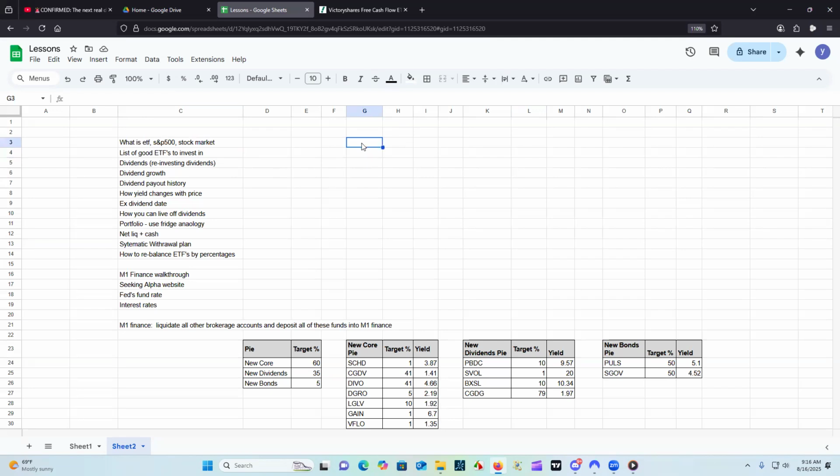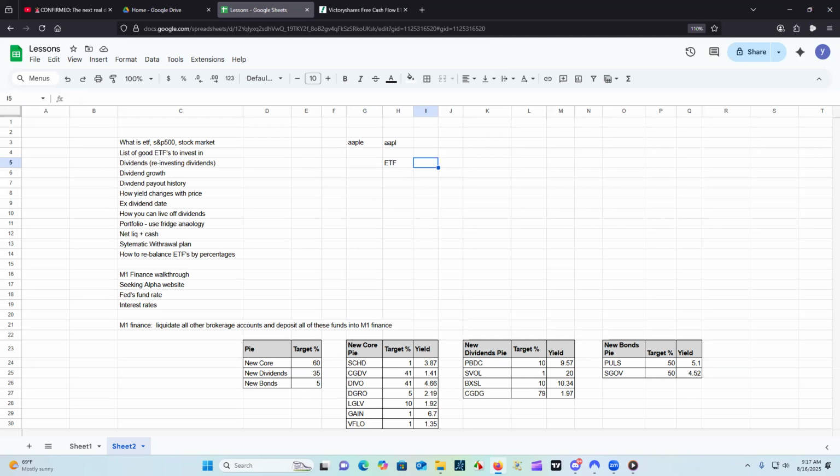So let's just say we're interested in investing in Apple stock. Apple makes our phones and a lot of other devices, and it's a good company. Their ticker symbol is AAPL. That's a stock.